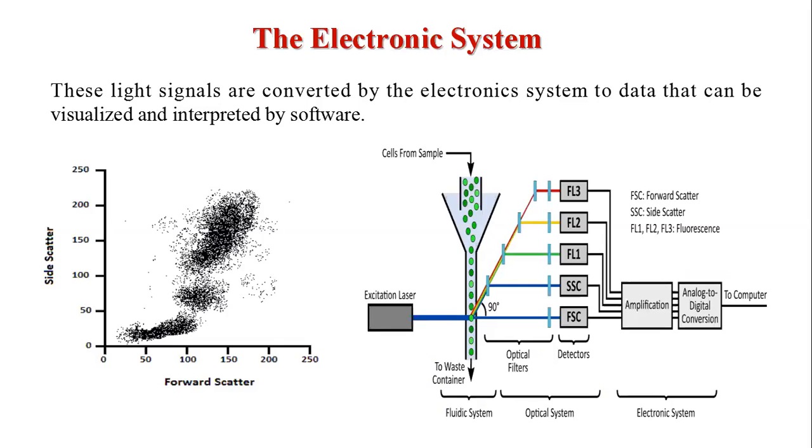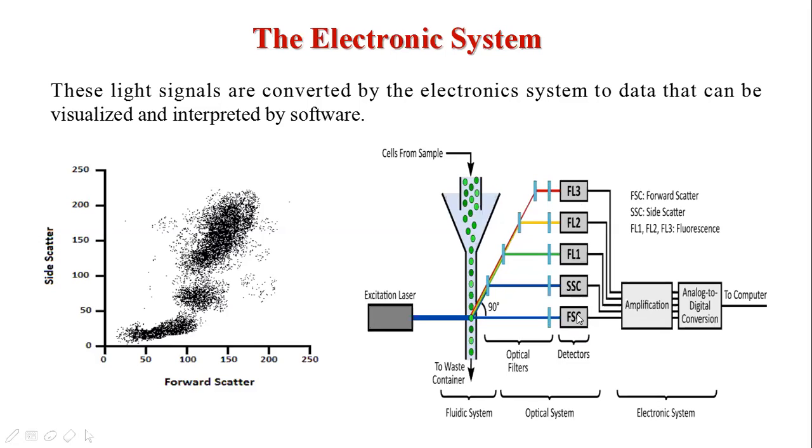So here you can see the types of detectors. The signal that is coming from the optical filters, there are also different optical filters, here 5 and here 4.